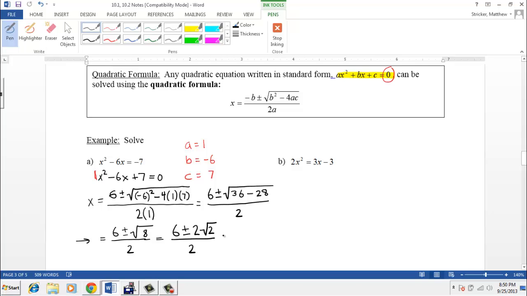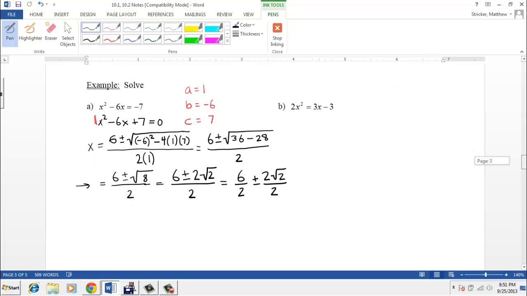And then when we go to simplify, sometimes this is where students get mixed up, and so probably the easiest way to think about this is to split this apart into two parts, to rewrite it as 6 over 2 plus or minus 2 root 2 over 2. This is the way you're going to see me simplify it.